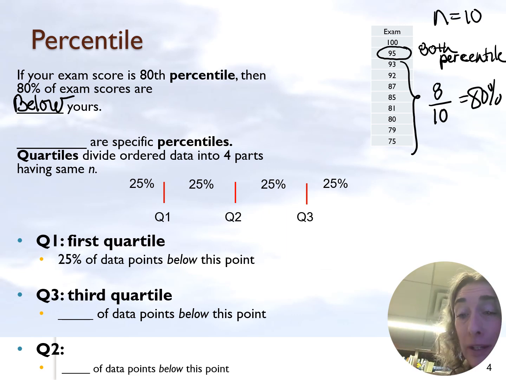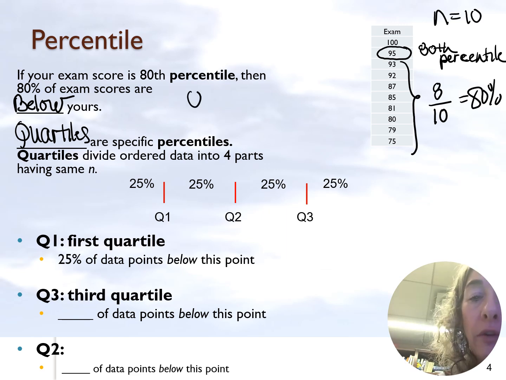So the 80th percentile is actually pretty good, right? If you're in the 80th percentile, quite good. Now quartiles, which we talked about on the previous slide, are specific types of percentiles. Remember quartiles?